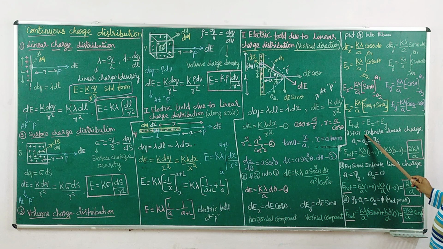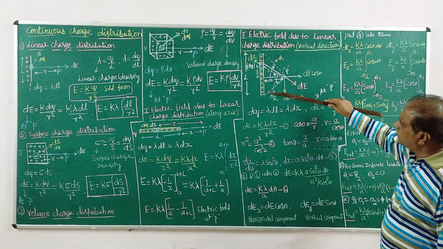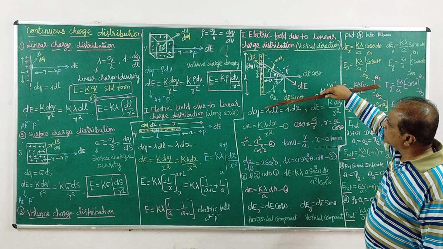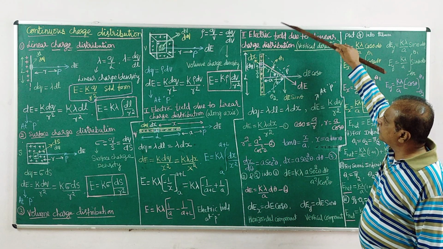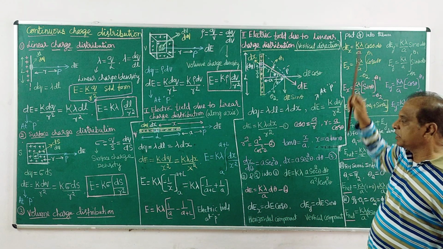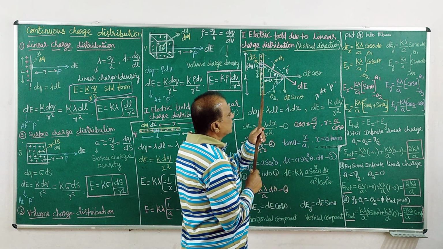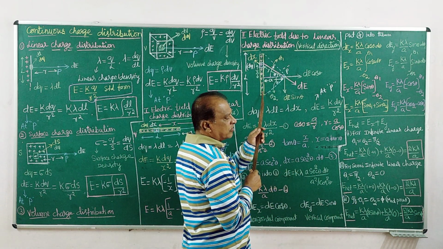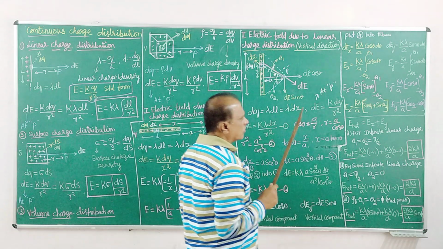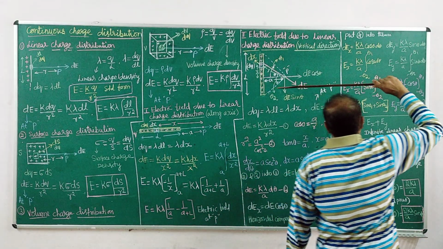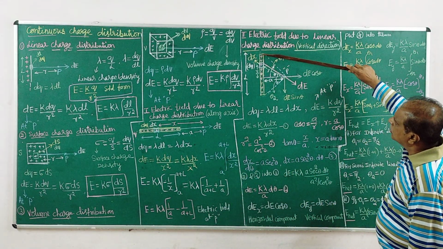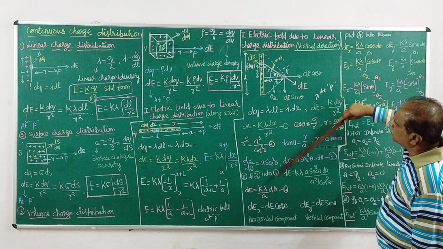Now, if this finite length becomes an infinite linear charge, if it is infinite in length, there is one possibility. Infinite means it will extend to infinite value.